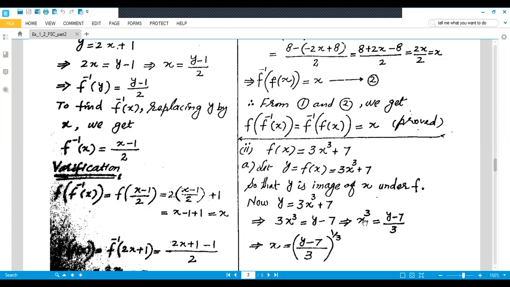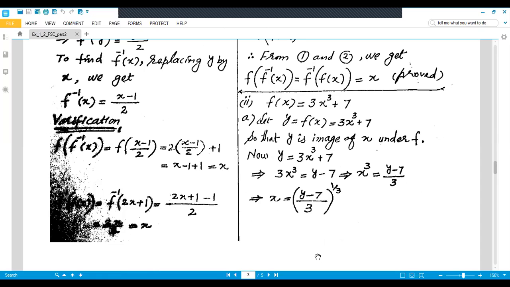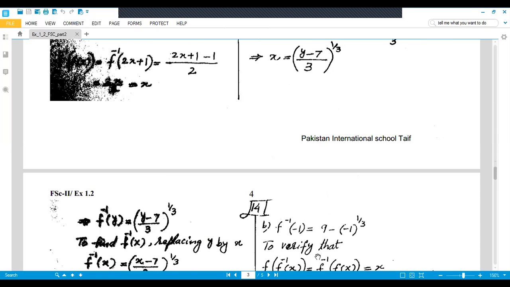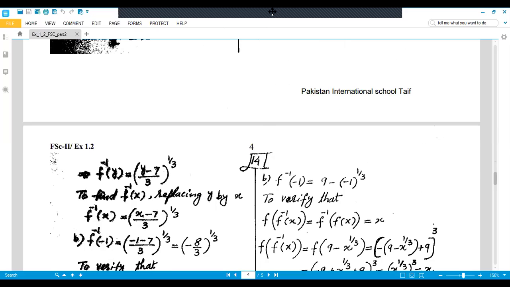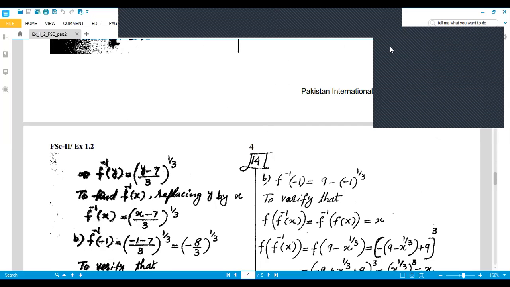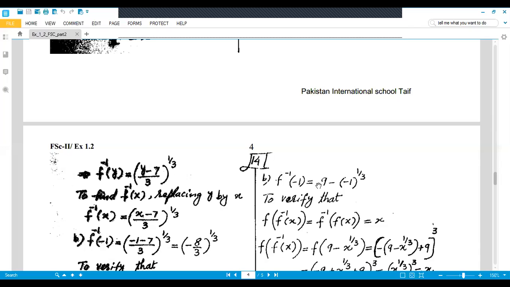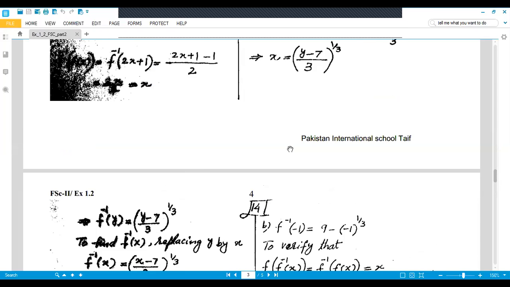Taking cube root on both sides, x is equal to y minus 7 divided by 3 whole cube root, that is f inverse y, y minus 7 over 3 to the power 1 over 3. So what we have done is find the value of x.